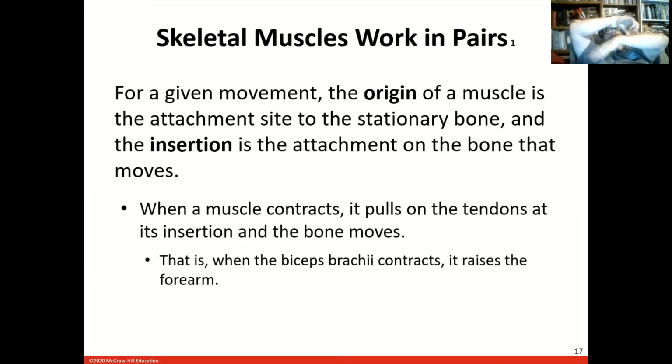The thing that may be unclear to you is that this bone could also be moved by some other muscle. So you could have the insertion on this bone for a different muscle and the origin up there.